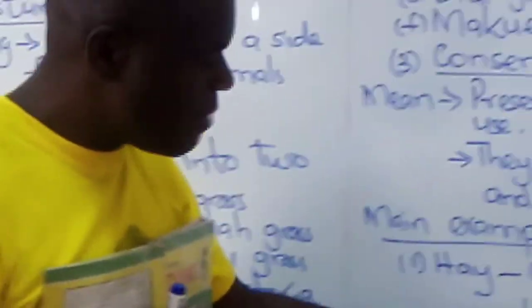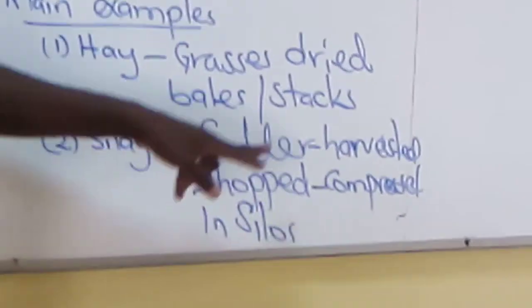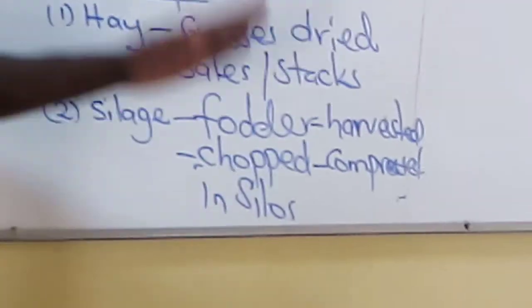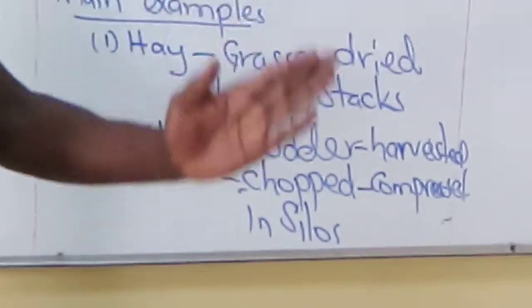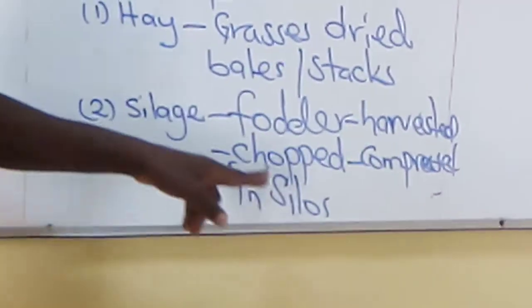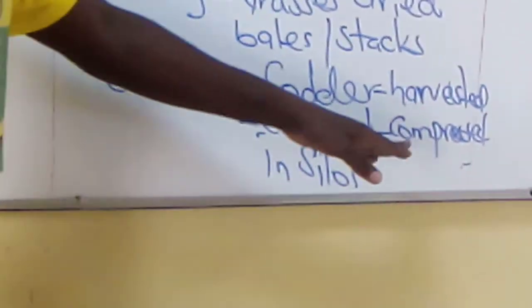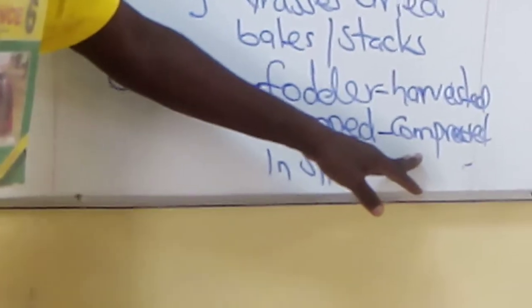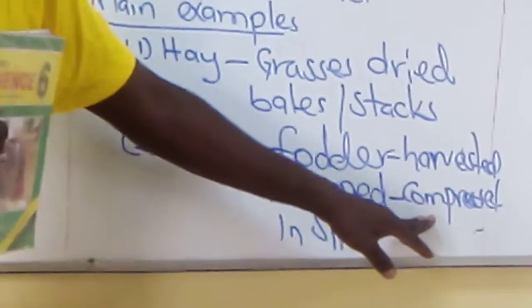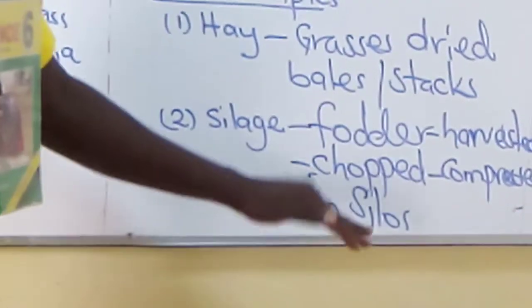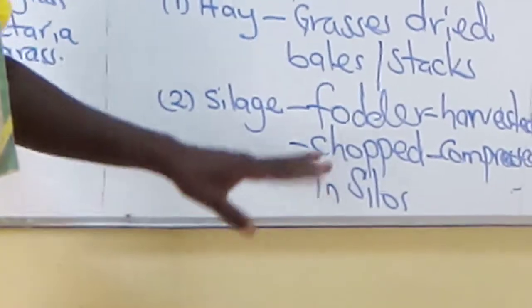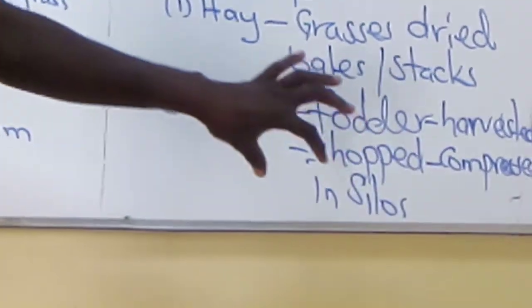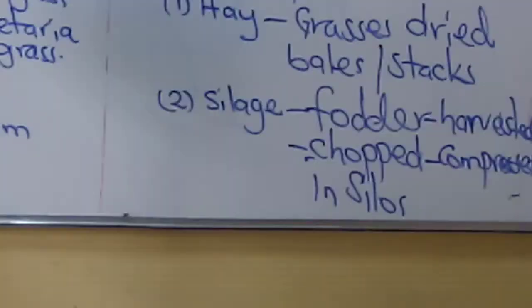But remember, it is fodder that is harvested, then chopped into small pieces, then compressed. Why are they compressed? To remove moisture and air. Then they are stored in silos and kept for future use.